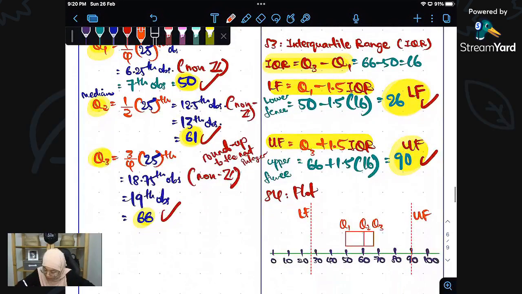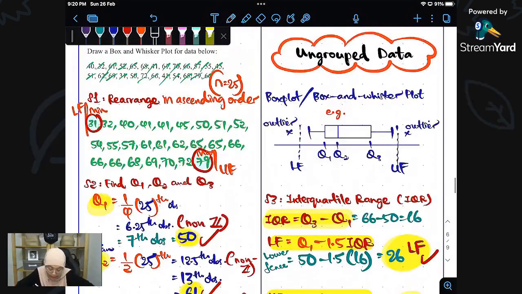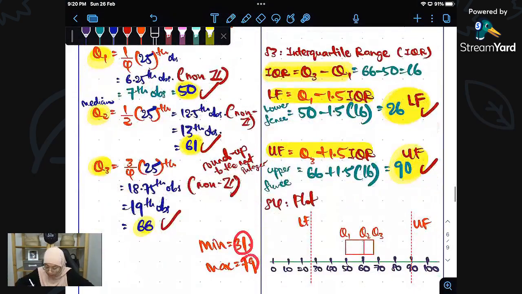Therefore, the minimum is 31, maximum is 79. The data set yang menghampiri lower fence adalah minimum value dan menghampiri upper fence adalah the maximum value. So whatever inside of the fence is the min and the max value lah.